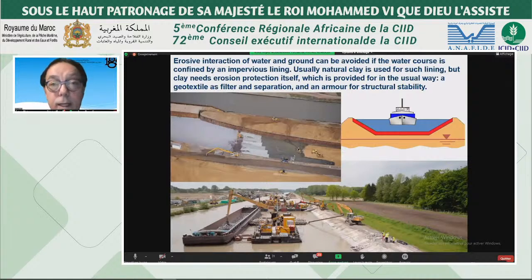Alors, quand il y a une interaction érosive avec l'eau, ceci peut être évité si le cours de l'eau est confiné par un alignement possible.